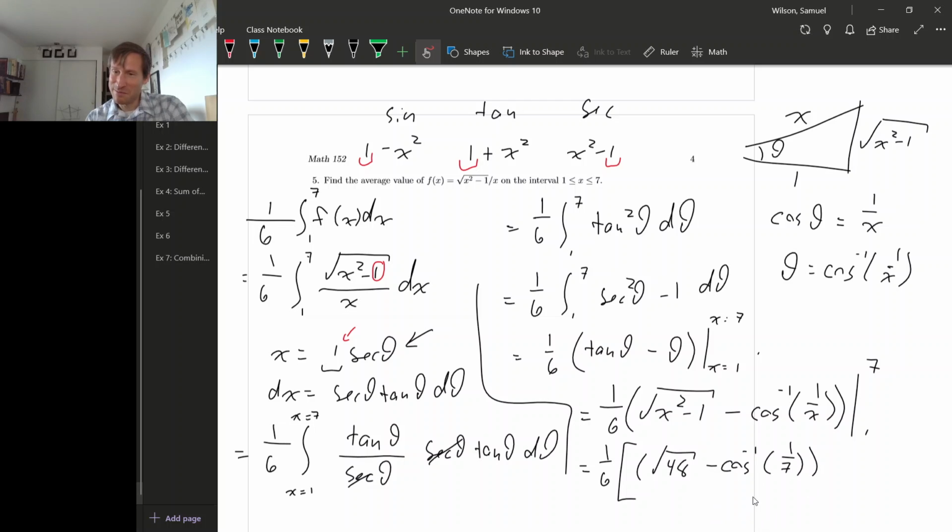Okay, minus, now plug in the bottom bound. Square root of 1 minus 1, so 0, minus inverse cosine of 1, that's also 0. So this last part is just 0. So there we go. We get 1 over 6 times square root of 48 minus inverse cosine of 1/7. So that's the average value of this function on the interval from 1 to 7.